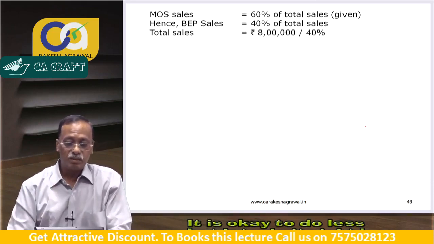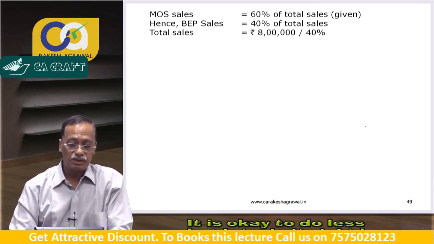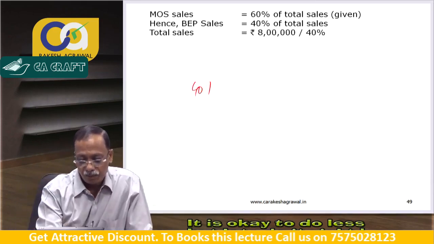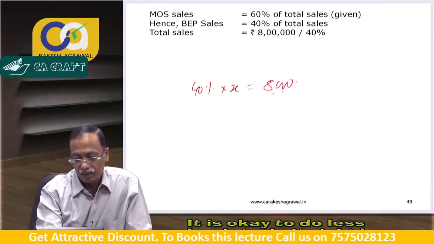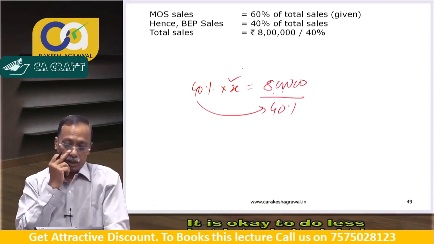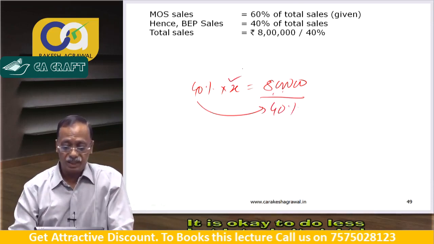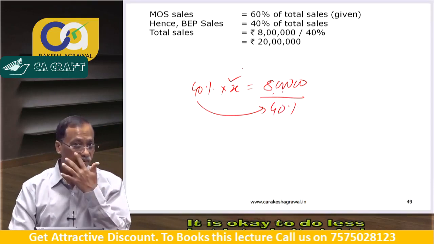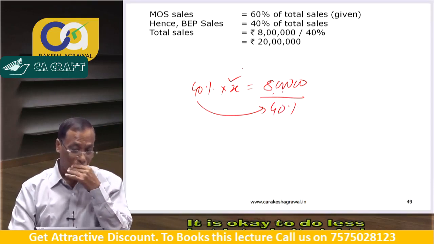Therefore, total sales is equal to 8 lakh divided by 40%. I hope you are getting it. 40% into this annual sales is equal to 8 lakh. So 8 lakh divided by 40% is your annual sales. So your total sales is equal to 8 lakh divided by 40%, that is rupees 20 lakhs. So this missing data we have calculated, 20 lakhs.